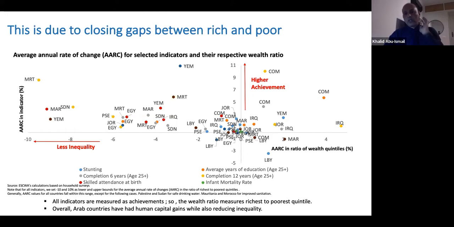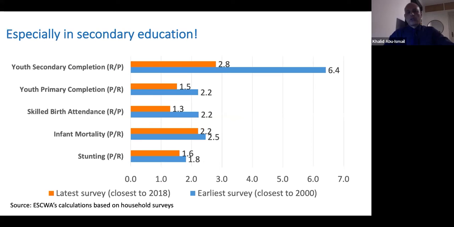So there's progress on the achievement side, and progress on reducing inequalities between rich and poor. Especially in secondary education, the gaps between the rich and poor have been closing, especially in youth secondary completion rates. And that's important because it means you're having an influx of young people with higher expectations now that they have completed a higher level of education.